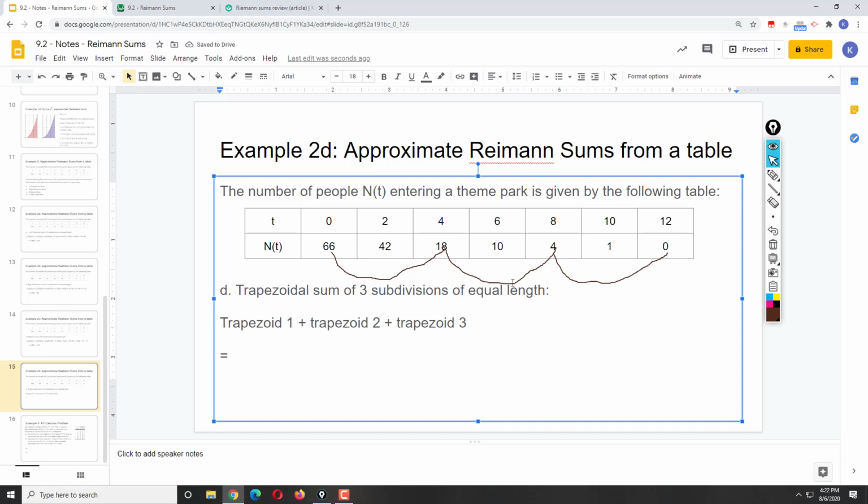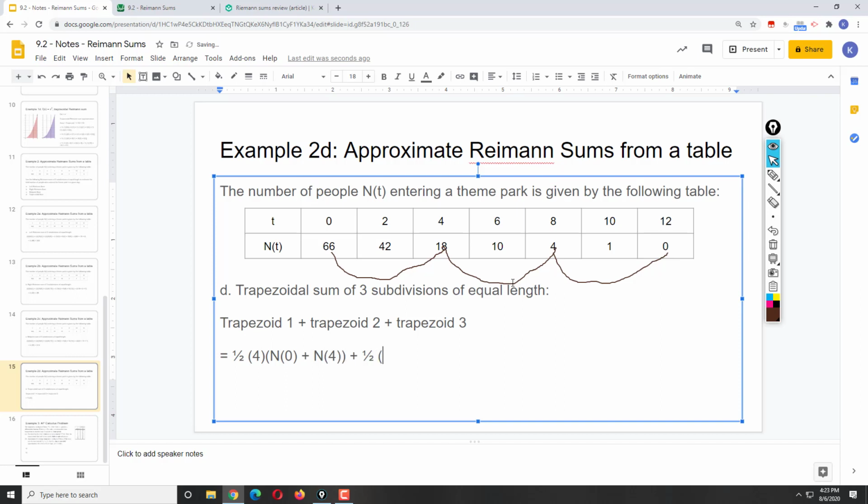Trapezoid 1, we're going from 0 to 4. Well, it's 1/2 times 4, times, we want the 2 endpoints, n of 0 plus n of 4.